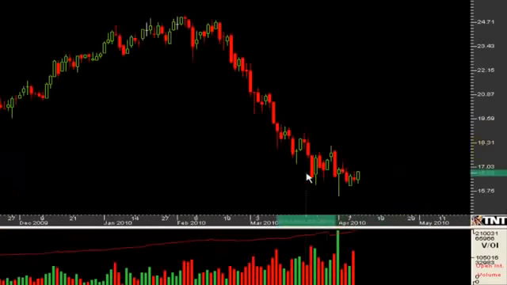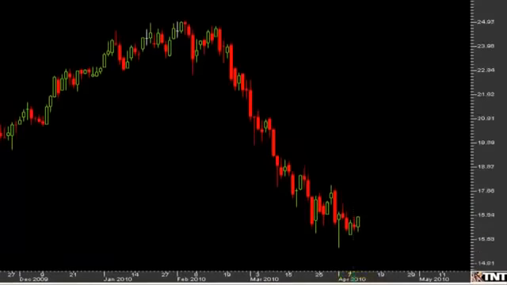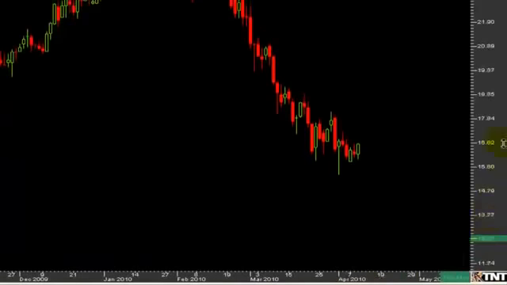Let's go back to the daily chart, and you can see that in fact prices are struggling as we're getting closer to this long-term area of support. So let's say that you've determined that it's time to get bullish on sugar.